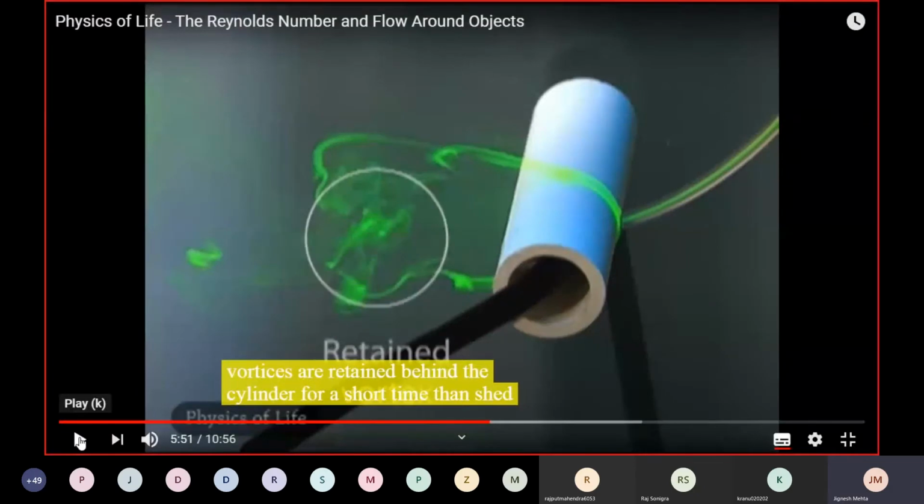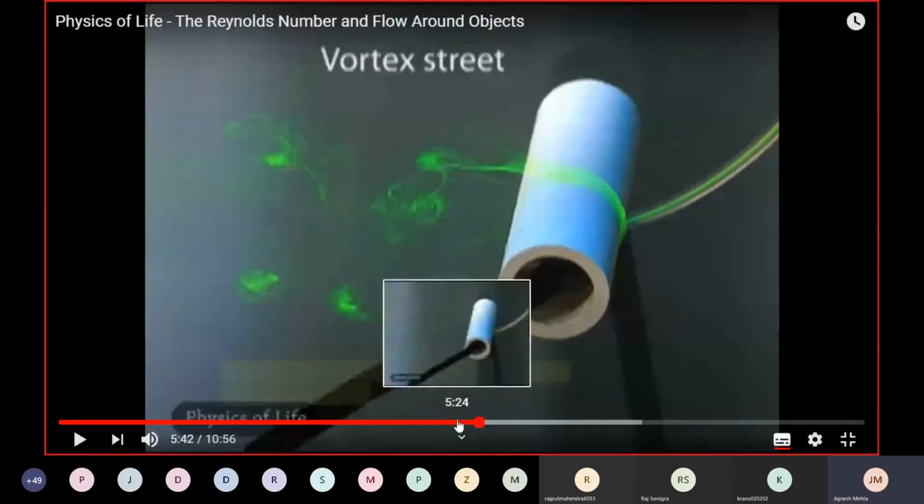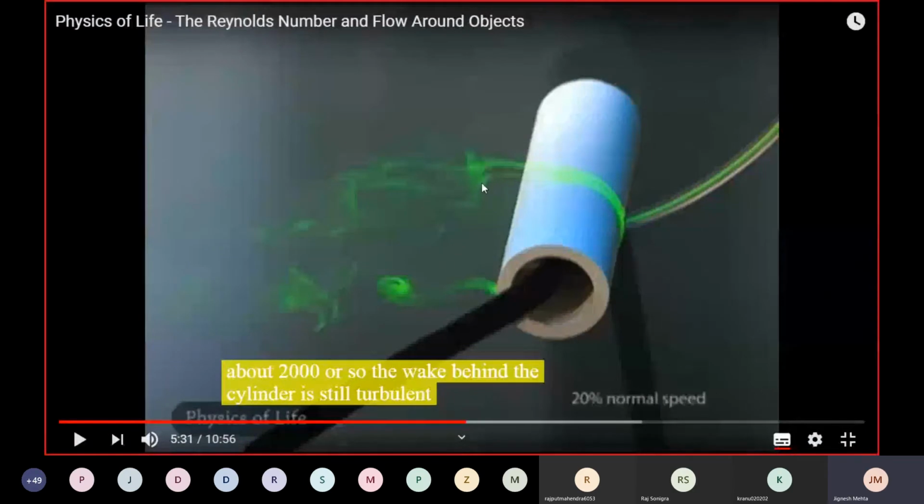So he is demonstrating a special phenomenon called a vortex street. At a particular value of Reynolds number, somewhere around 2000, vortices are generated alternately on the different sides. As you can see, one vortex is generated here.